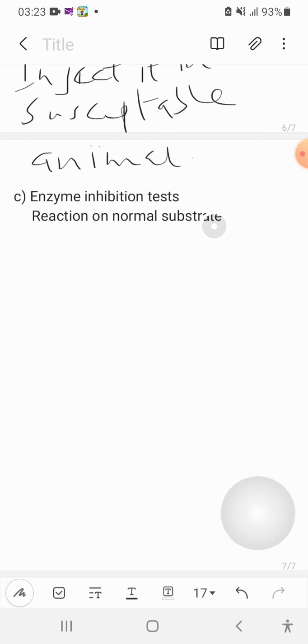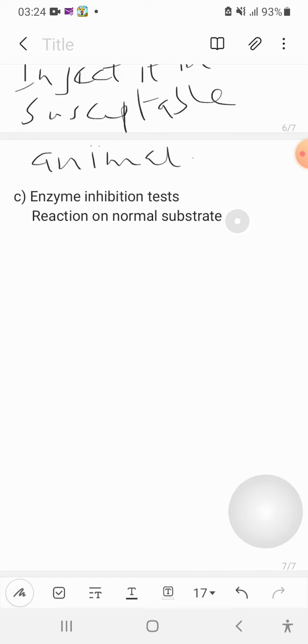The enzyme acts on the substrate mainly to produce a color change. So that's what we can see. Or the substrate is consumed so that we see it disappears. So in enzyme inhibition, the normal reaction of enzyme and its normal substrate is inhibited, so you don't see it.